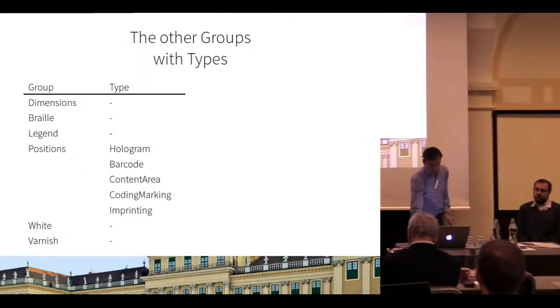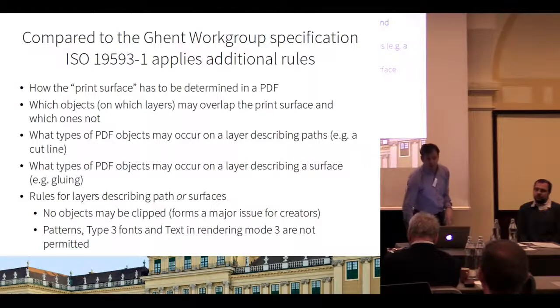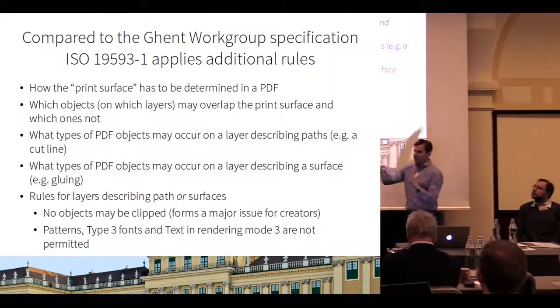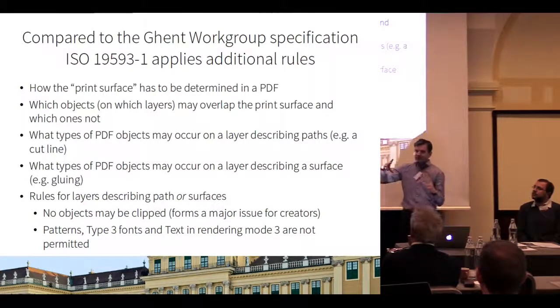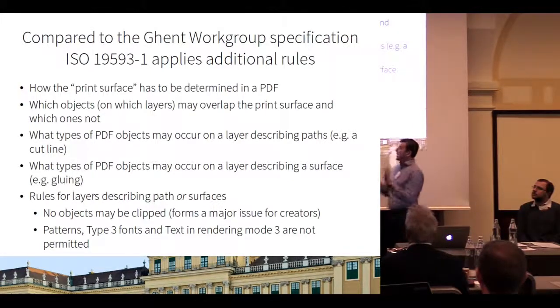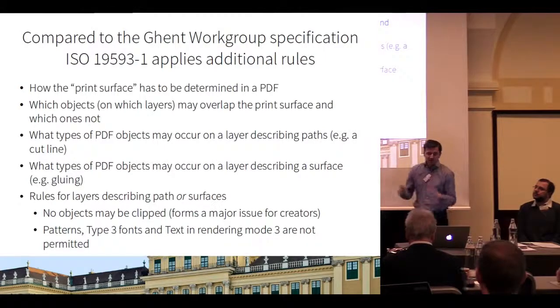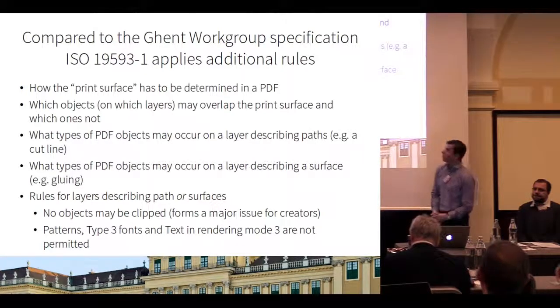But in the ISO standard, there is a definition that everything inside of structural cutting plus structural bleed, so the areas defined by objects on these two layers, defines the actual print surface of the printed product.